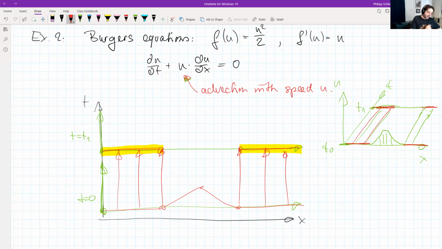Now, what happens there? So first of all, let's just take this point perhaps. At this point, I have a certain function value, which is maybe not large, but it's more than 0. So that means at that point, I will have a certain speed of the characteristics in the positive direction.